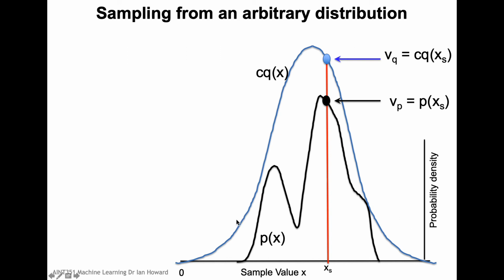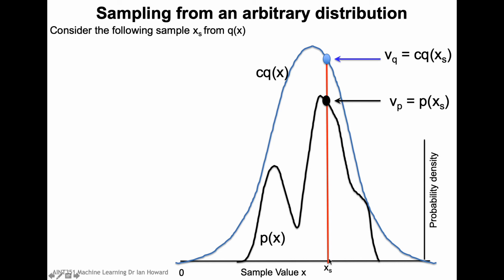But we want to make sure that the function we're going to consider, which is our now scaled Gaussian, is always bigger than the P of X. And then let's now take a sample. We're going to end up with a sample from our Q of X, our Gaussian, and this particular value that we've chosen just so happens to be X of S, which is this point here.